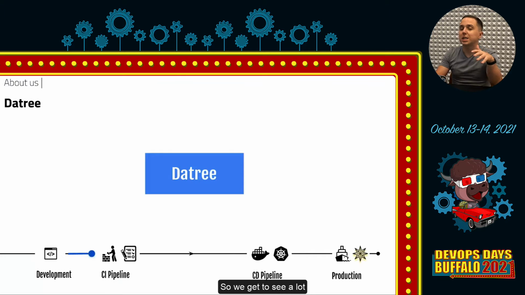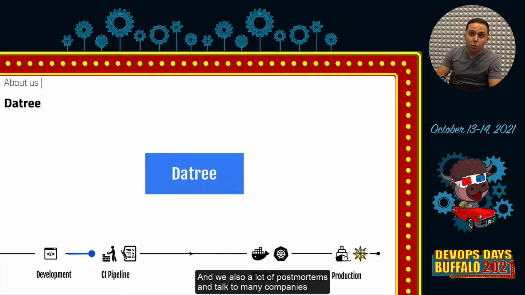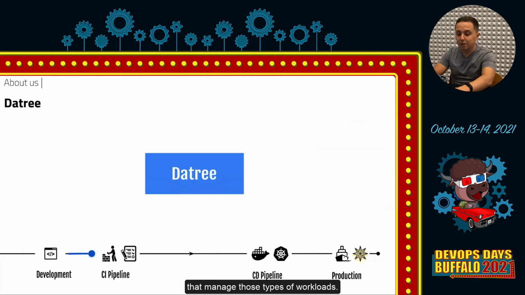So we get to see a lot of Kubernetes and policy management at scale. We also read a lot of postmortems and talk to many companies that manage those types of workloads.